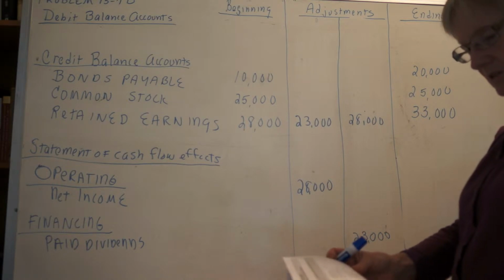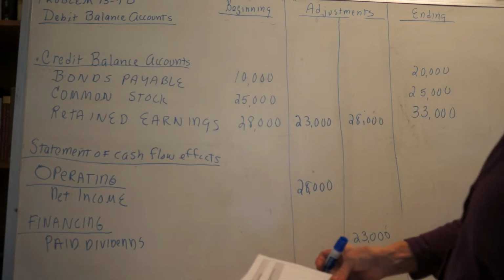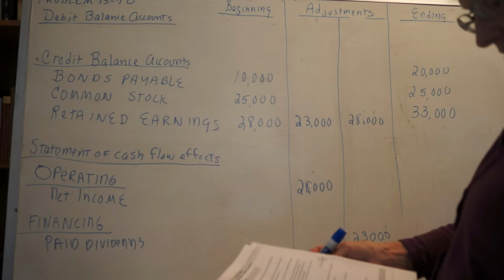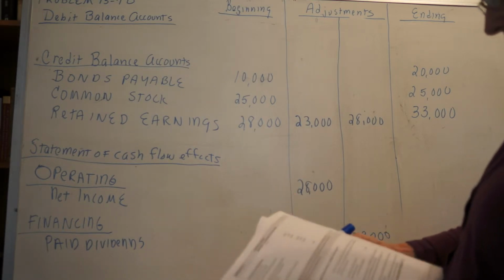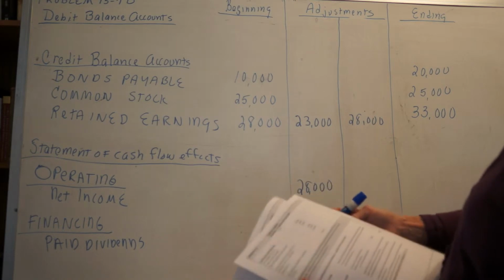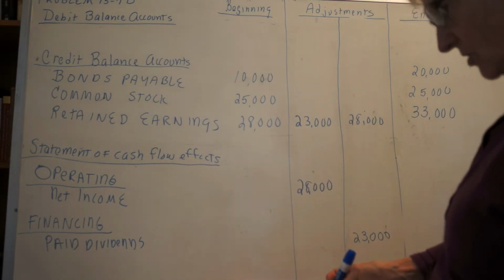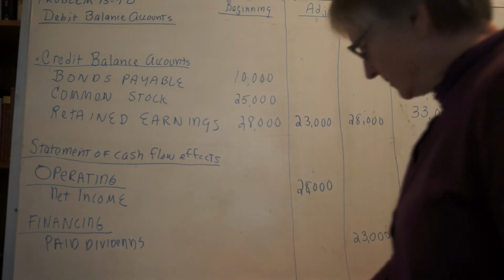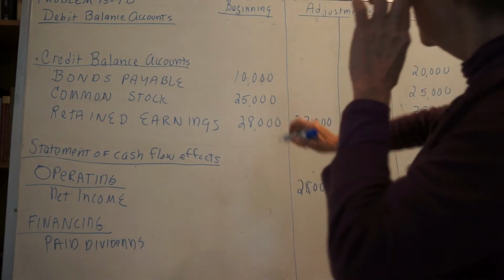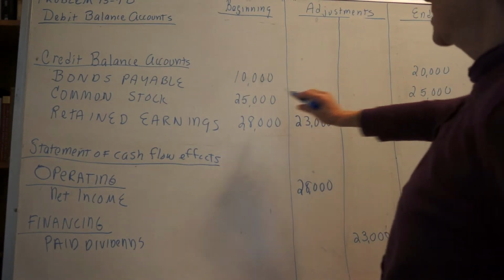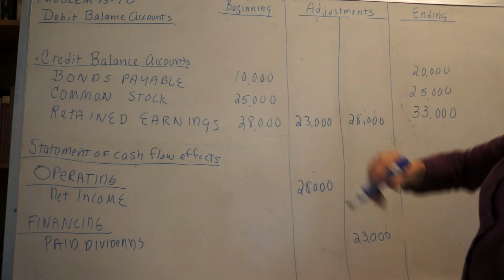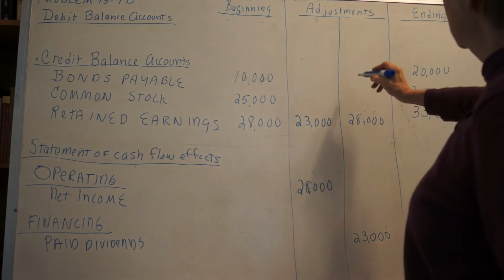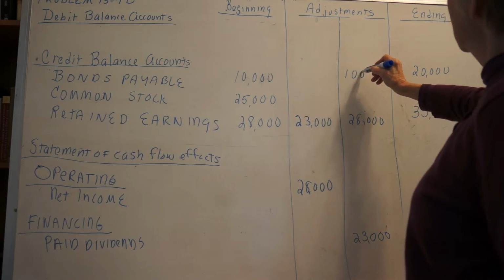the next thing that happens is they don't give us anything more in the notes, but what we have to do is to make sure that nothing else happened. And it looks as though, when we're going to check our accounts, the bonds payable went from 10 to 20. So we're going to have to assume, since nothing else is said, that we must have issued some bonds.